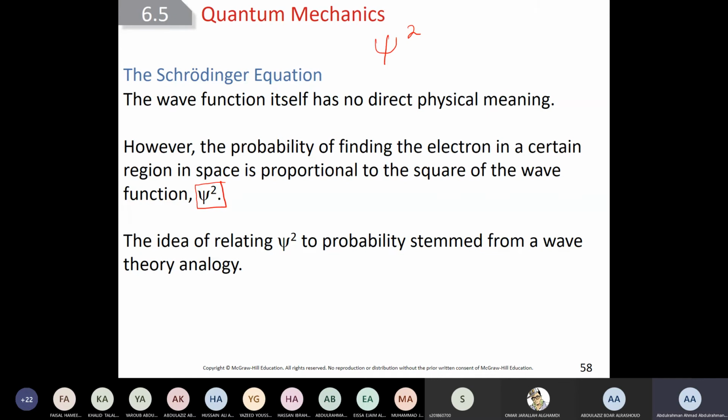Psi square is probability, the probability of finding the electron. So what's psi alone?